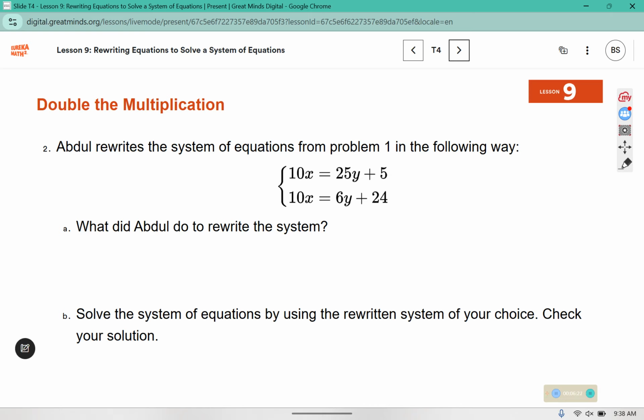Abdul rewrites the system of equations from problem 1 in the following way. What did Abdul do to rewrite the system? He multiplied the first equation by 5 to turn the 2x into 10x.